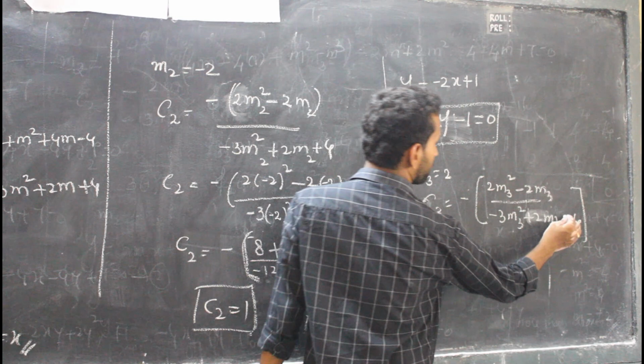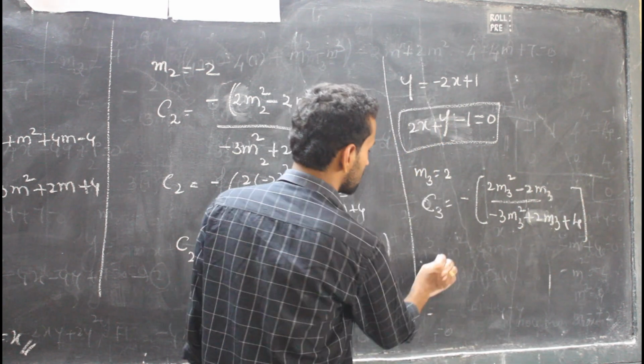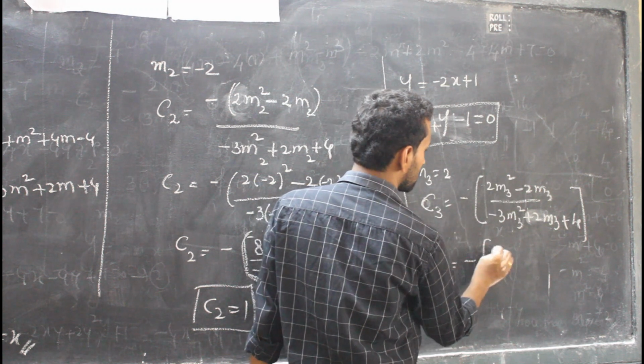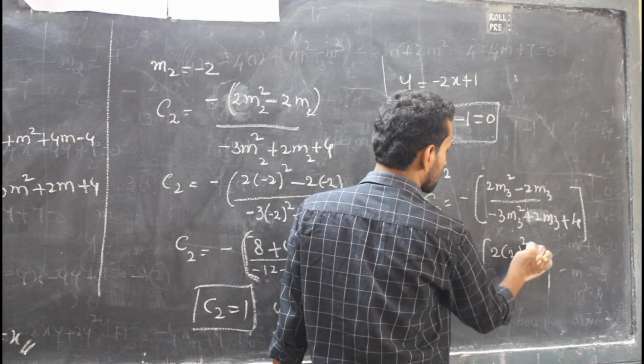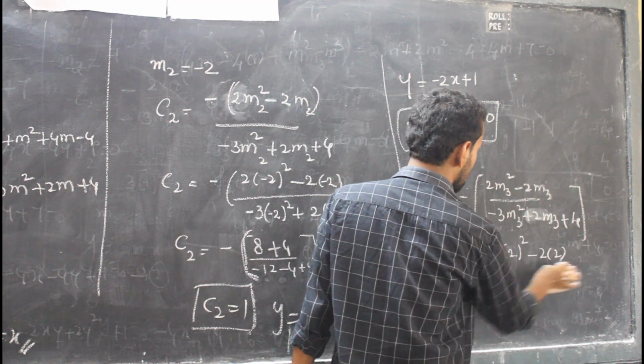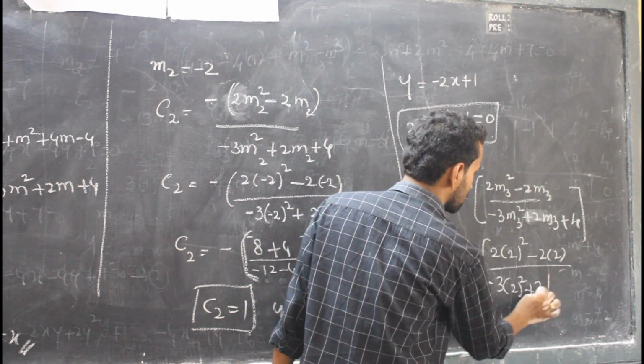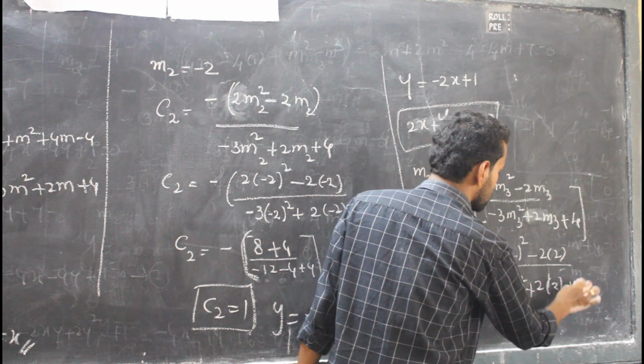So c3 equal to minus of, replacing the m3 value, 2 into 2 square minus 2 into 2 divided by minus 3 into 2 square plus 2 into 2 plus 4.